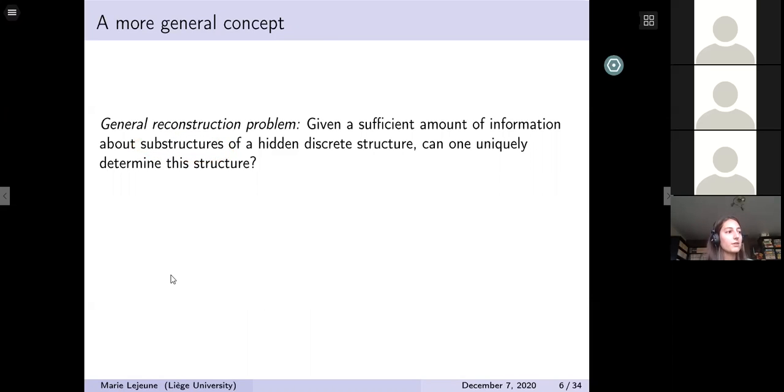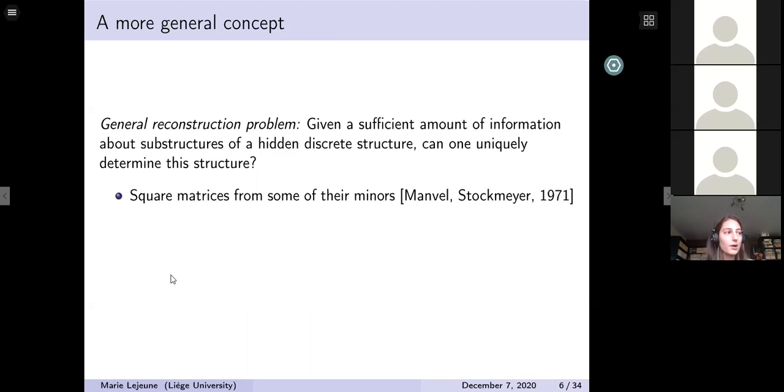So for example, I have information about subwords of a hidden word. And can I uniquely determine the structure? So for example, about square matrices, it is known from Manvel and Stockmeyer that a square matrix of length at least 5 can be reconstructed uniquely from its principal minors given in any order.